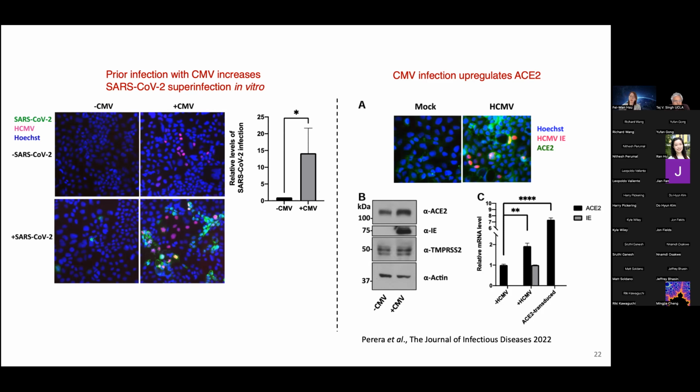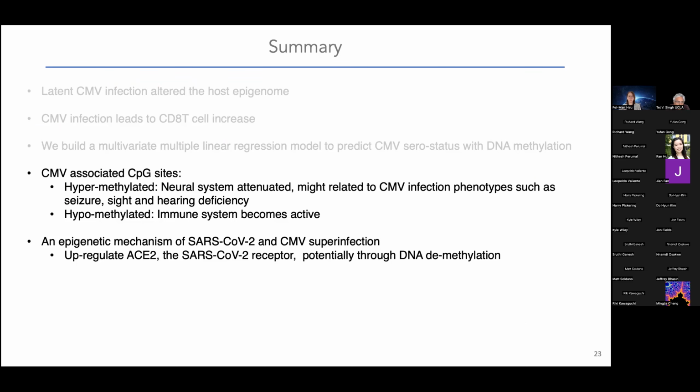That's why they are more easily infected by SARS-CoV-2. So this is the bench work they do. What I am trying to say is that our finding of ACE2 demethylation might be another mechanism behind the SARS-CoV-2 and CMV superinfection.